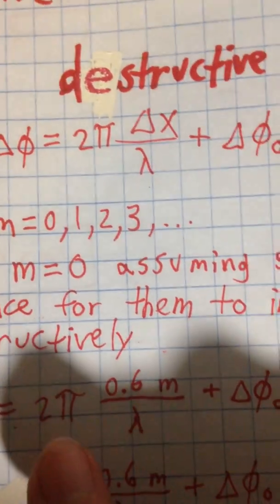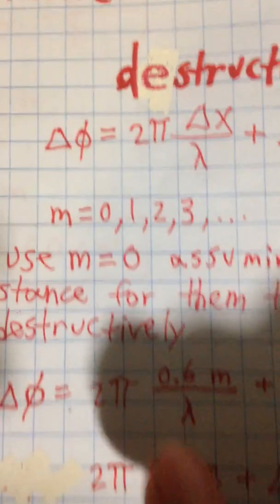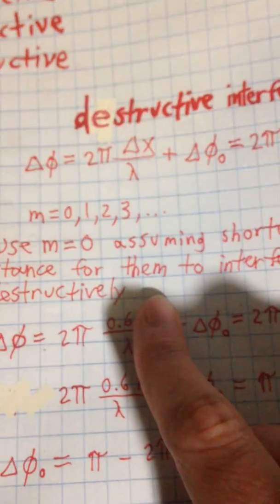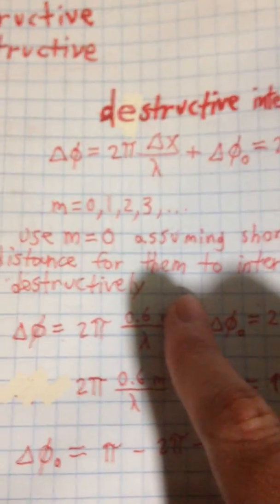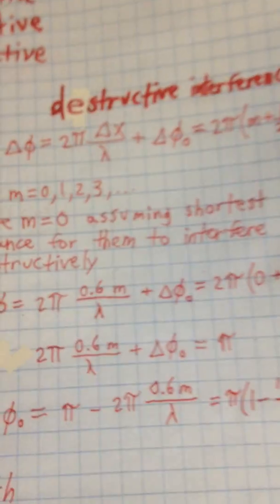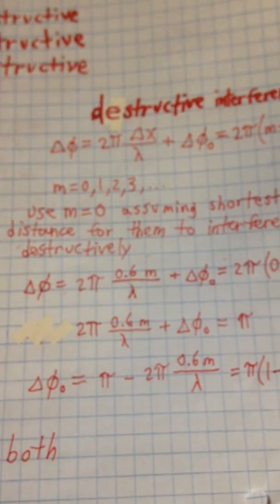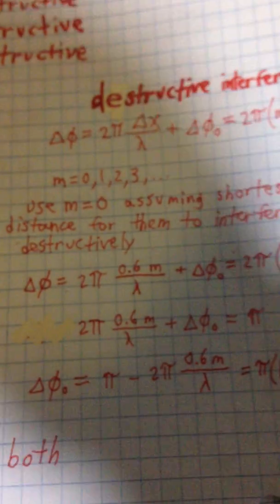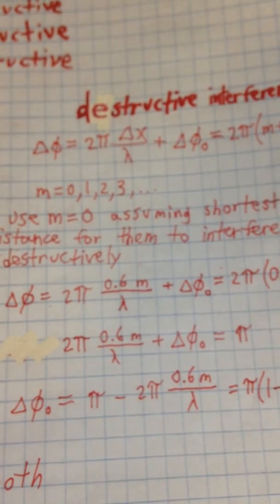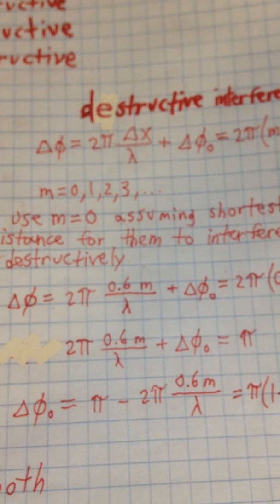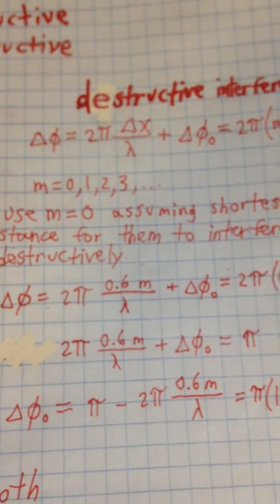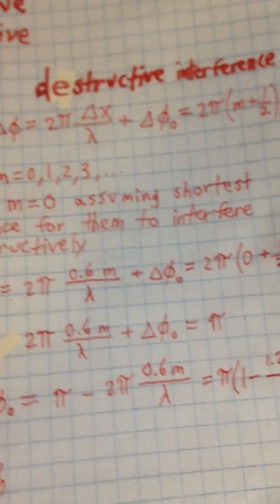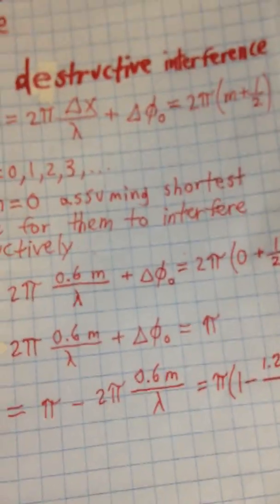So we're also going to assume the other m is 0, because this is the shortest distance for them to interfere destructively. Remember, we said at 0, they're in between, up to 20 it's max, and then it's decreasing from 20 to the separation of 60.